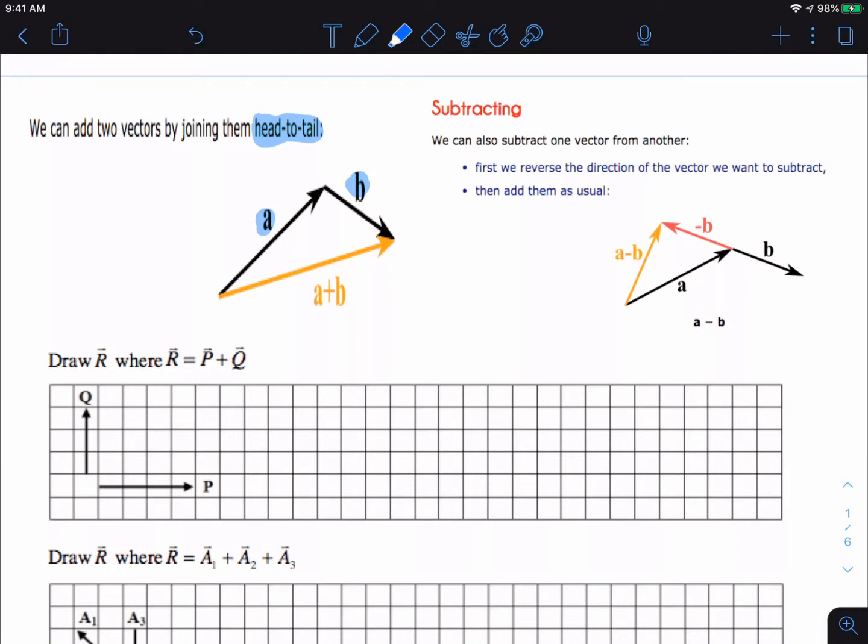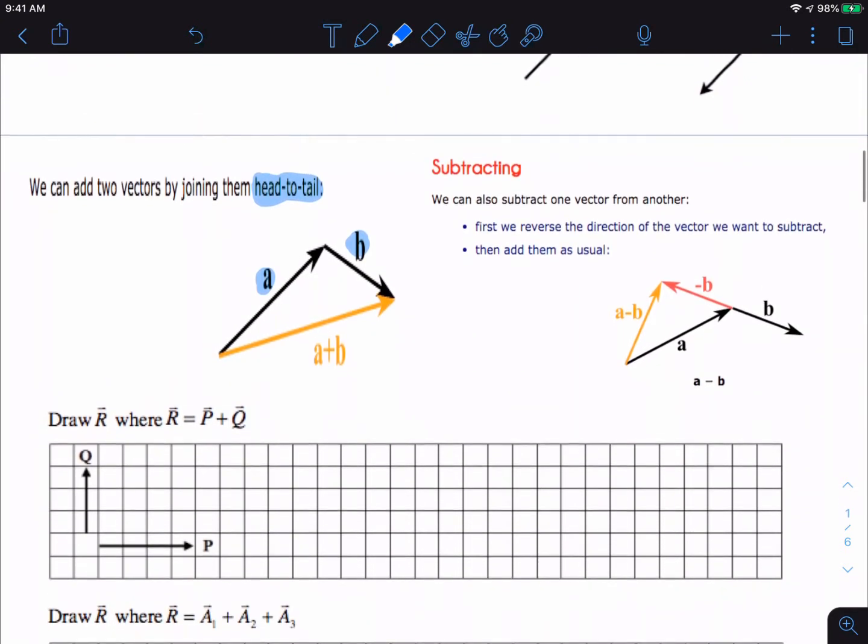And so to add them, what we end up doing is we put our A vector down, and then at the head of A, we put the tail of B, right? And then we end up with the tail of A and the head of B. That's where the result of the vector being added is, that vector AB. Are we okay with that?